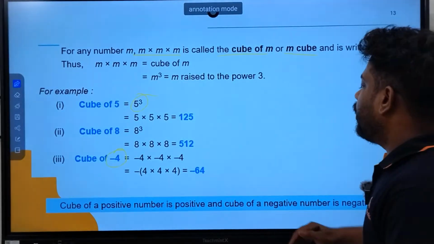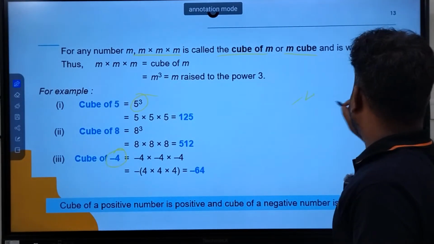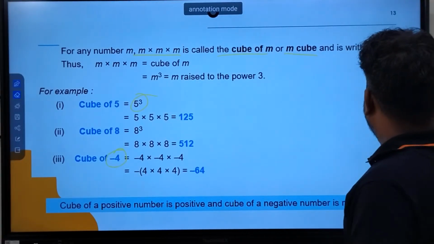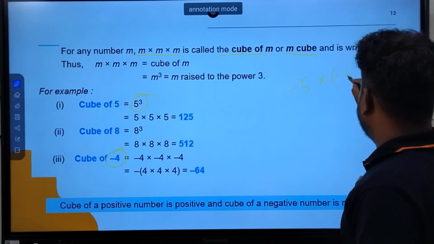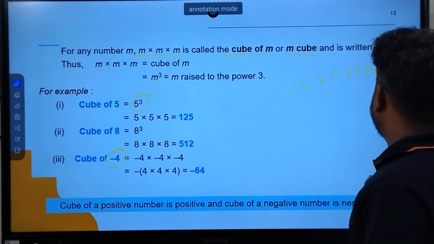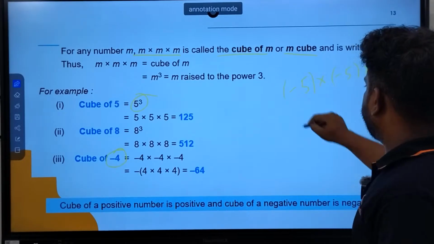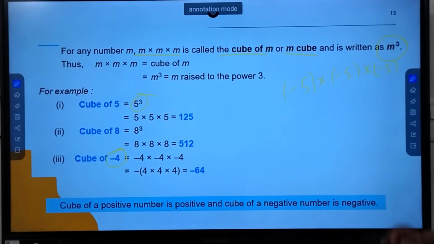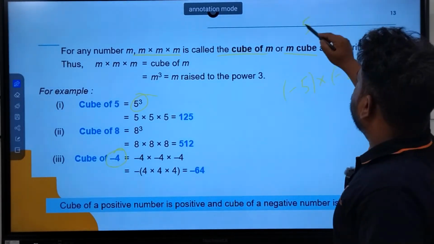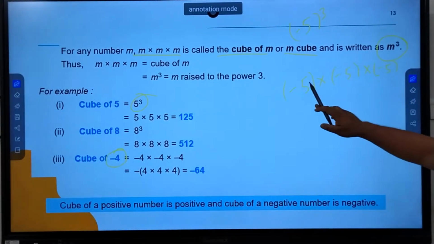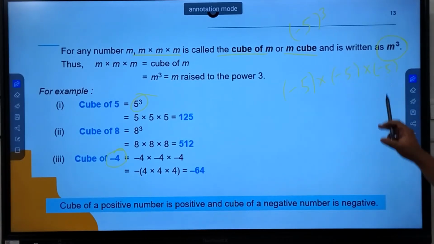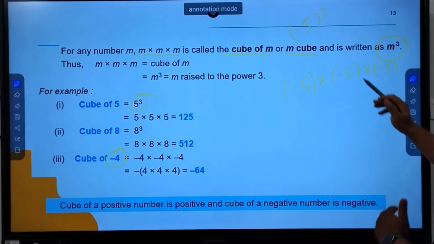Be careful for this kind of sum. Suppose I have to find the cube of -5. So I have written (-5) into (-5) into (-5). Why have I used the brackets?